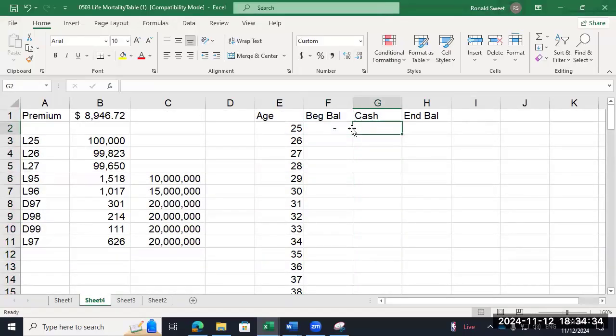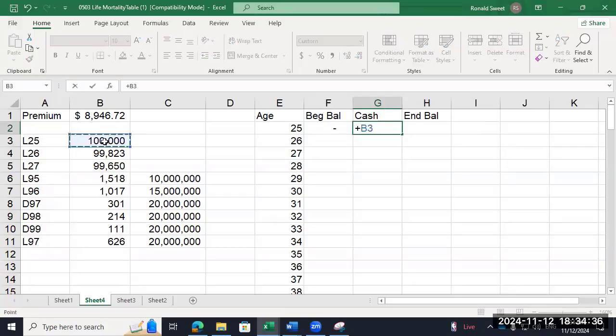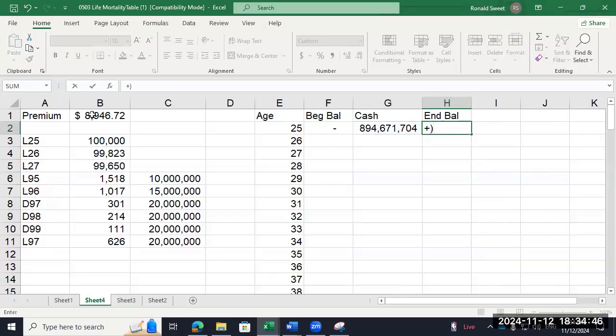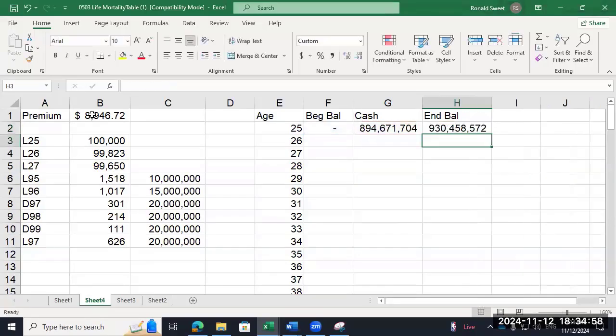Beginning balance is 0. We're going to collect premium from these people. For ending balance, it's going to be beginning balance plus the cash. Both of those are going to make 4%. Everybody understand that? It's paid at the beginning of the year. So if it's at the beginning of the year, you just add beginning balance, you give it 4%.